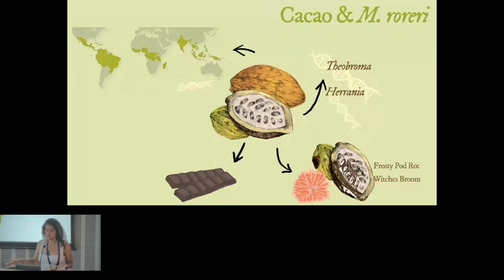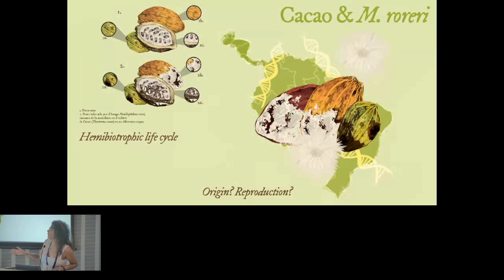So we know this fungus has a hemibiotrophic life cycle. However, we don't really know the pathogenic mechanisms of the fungus. We're still not sure about the biological or the geographical, sorry, origin of the fungus. We don't have a lot of information about the reproduction style of the fungus.